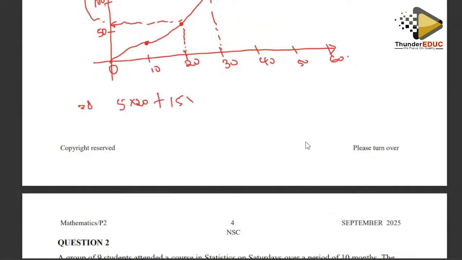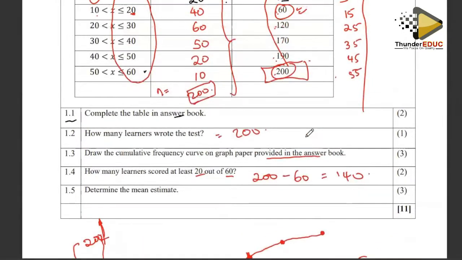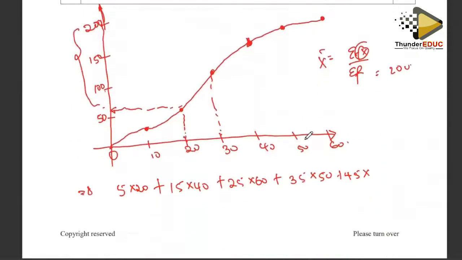Next one is a 15 with a 40. Then we have a 25, which we multiply with 60. Then a 35 by 50. Then a 45 multiplied by 20. And then the 55 with 10. Then the answer we get, we divide by a total of 200.